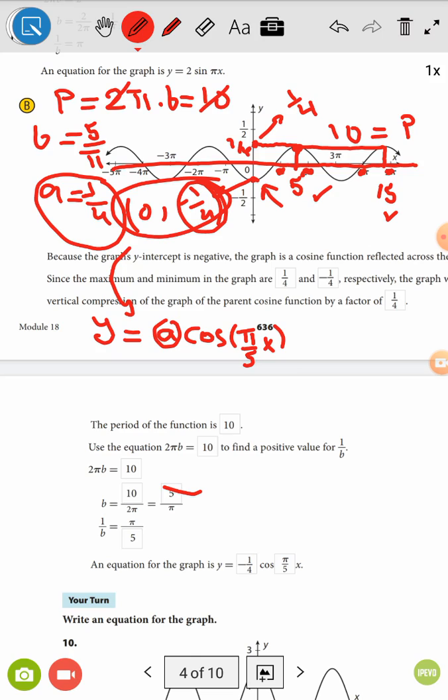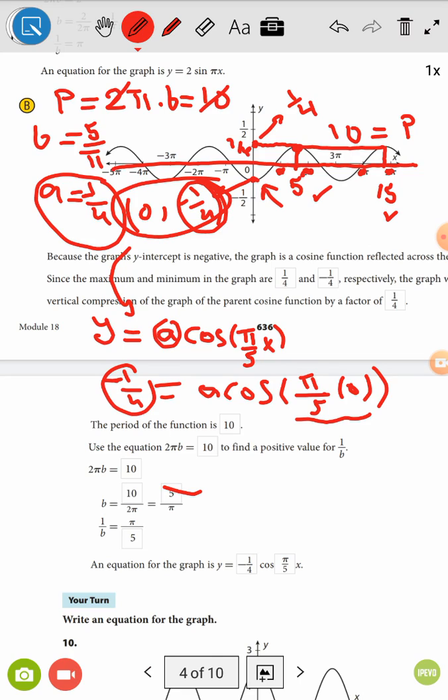So the Y is minus 1 out of 4 equals A cosine pi out of 5 times 0. So the angle inside is 0. So cosine 0 is 1, so A is negative a quarter. So we got the same answer.